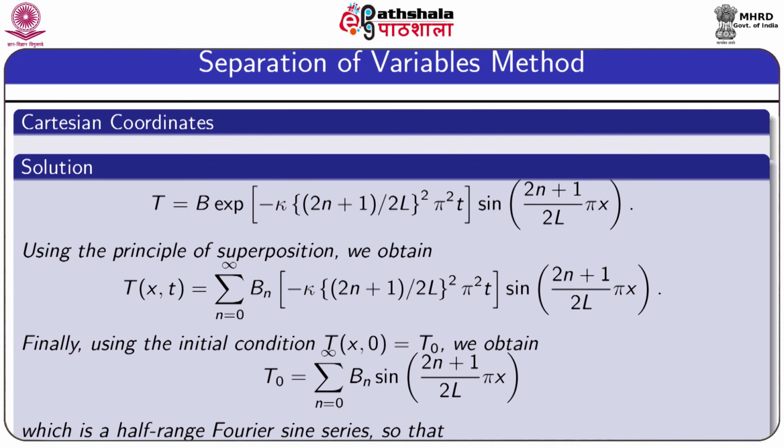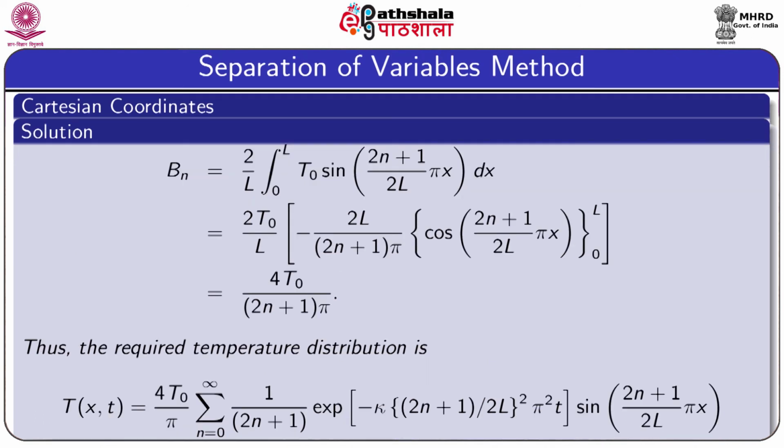And we know how to find the constant Bn from this half range Fourier series. So, to obtain Bn, we need to multiply this expression with sine of (2n plus 1) pi x by 2L, and then we need to integrate over 0 to L. That will give the value of Bn as 4 T0 by (2n plus 1) pi.